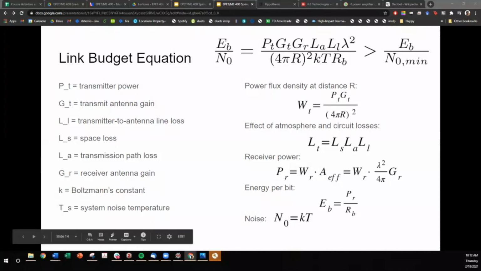Another intermediate product we should be aware of is the energy per bit at reception, which is the receiver power over the spectral something of each bit. And then here we also have N0, noise. That's equal to system noise temperature times the Boltzmann constant.